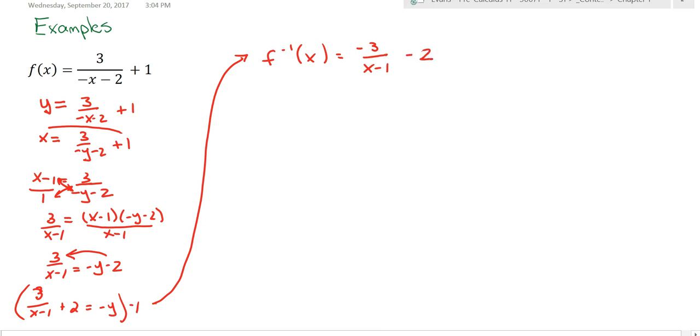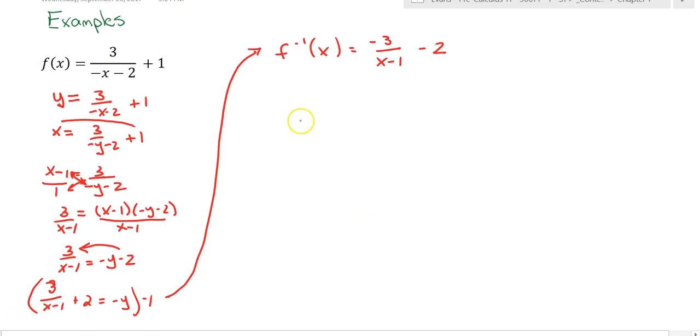Now, the other thing I'm going to ask you to do is find the domain and range of the function. So here's what I would set up. What's the domain of the function? What's the range of the function? And then what's the domain of the inverse?